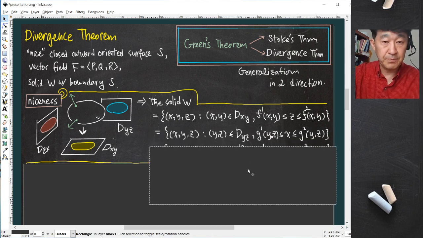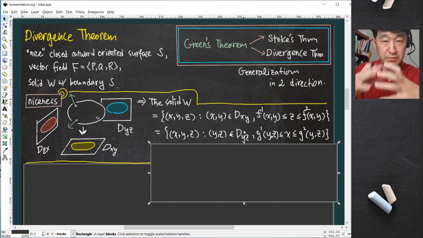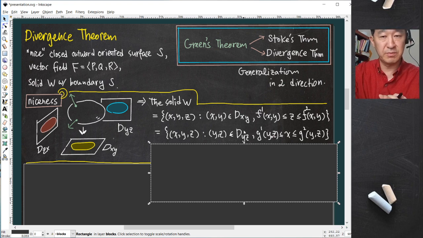The same thing in here. If you look at the YZ plane, the projection must form a nice region so that we can apply Green's theorem and so on. And from there, there should be a lowest bound for x, this is the x-axis, and an upper bound there. And every point in between must be part of the solid.